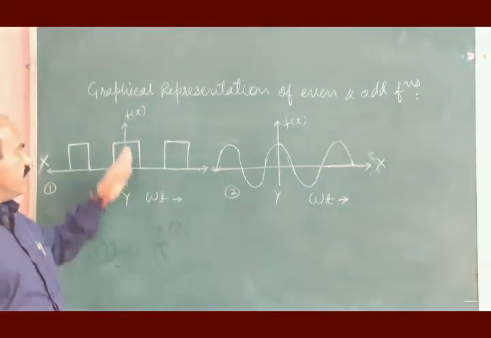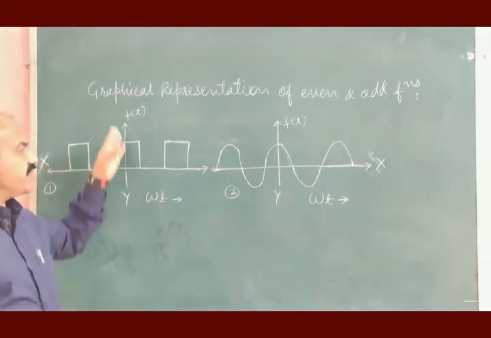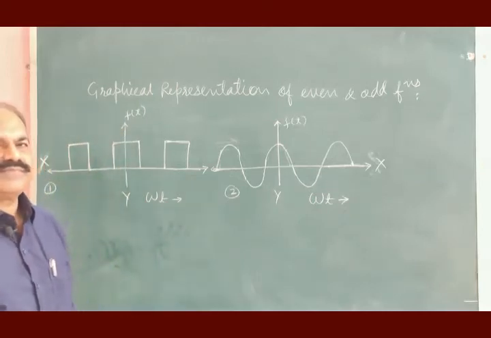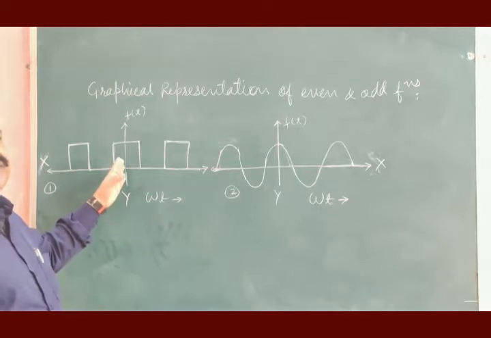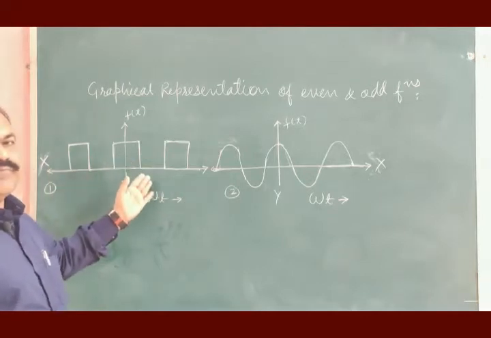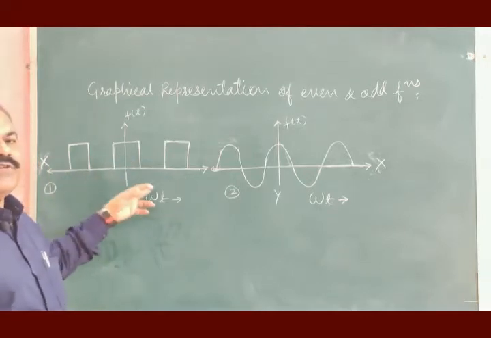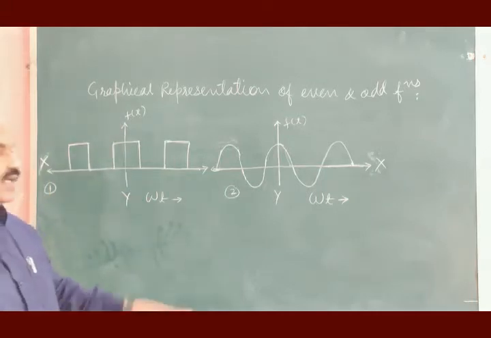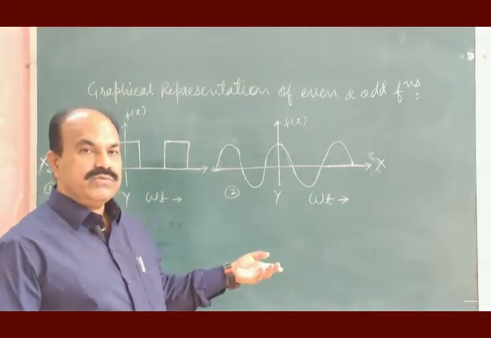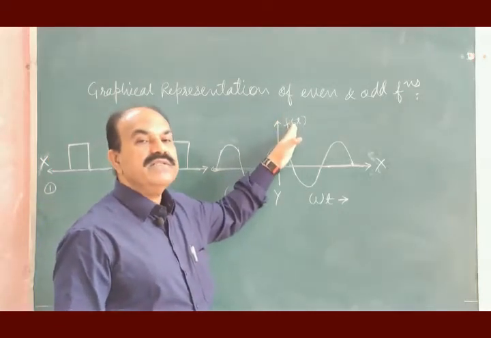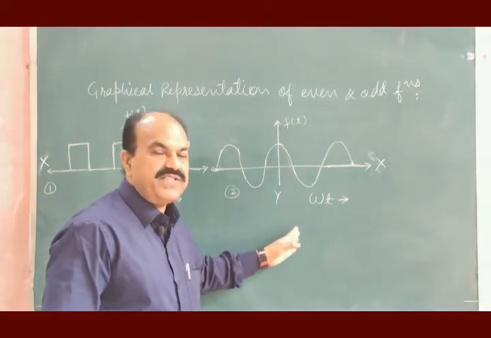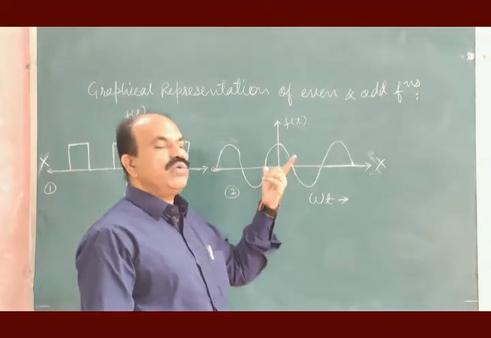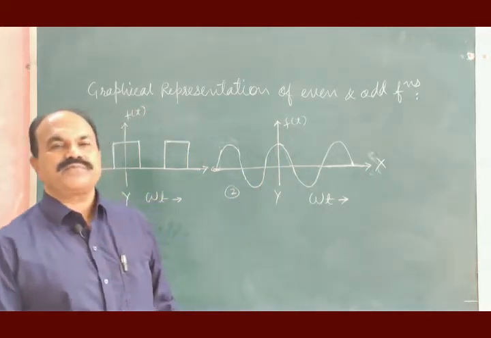Now, consider y-axis or the function axis as a mirror and see the waveform. See the waveform in figure 1 with respect to y-axis. Also go to figure 2, taking f of x, the y-axis, as mirror, look at the waveform.